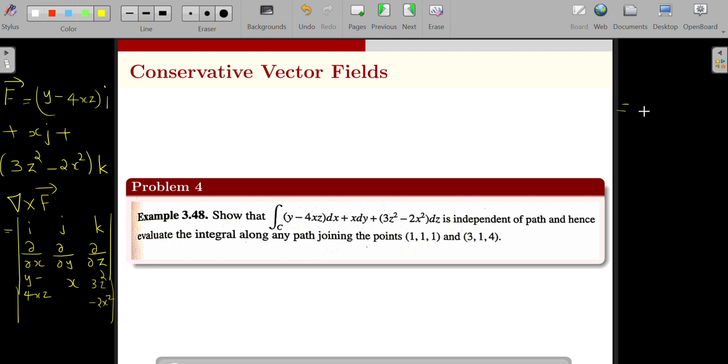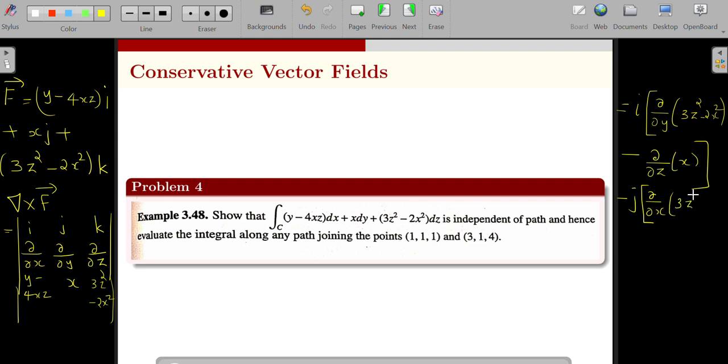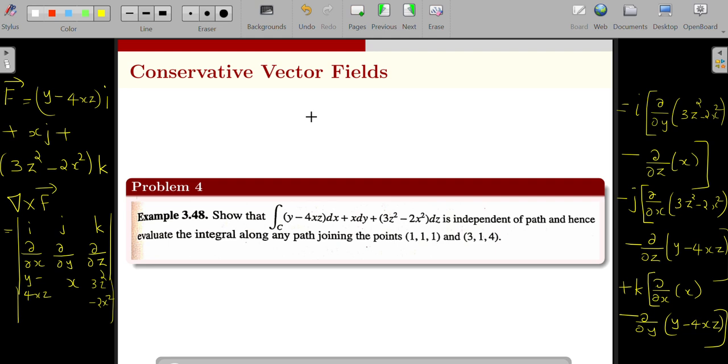This is equal to i into dou by dou y of 3z square minus 2x square minus dou by dou z of x, minus j into dou by dou x of 3z square minus 2x square minus dou by dou z of y minus 4xz, plus k into dou by dou x of x minus dou by dou y of y minus 4xz. This is our curl f.